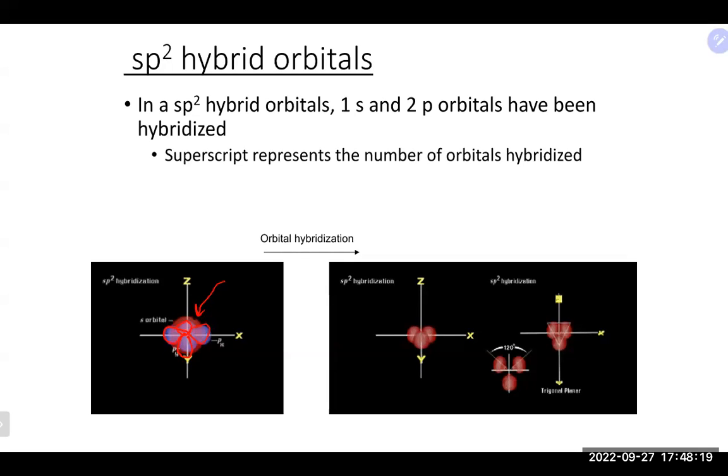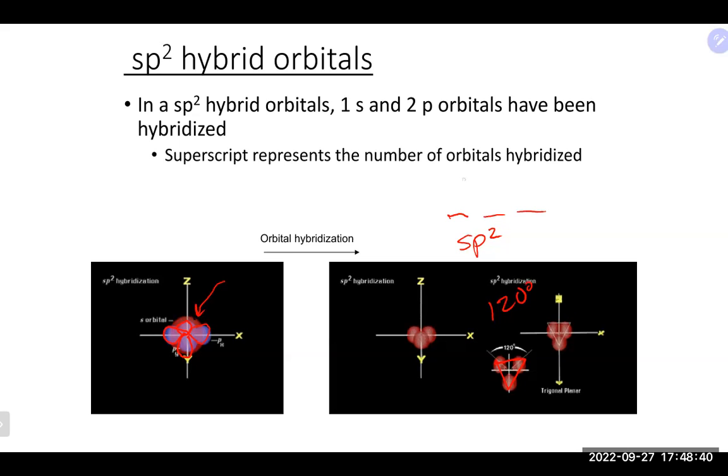Since we hybridize 3 atomic orbitals, this is going to yield us 3 equivalent sp2 hybrid orbitals. Once again, it has the kidney shape. It has a bond angle of about 120 degrees.